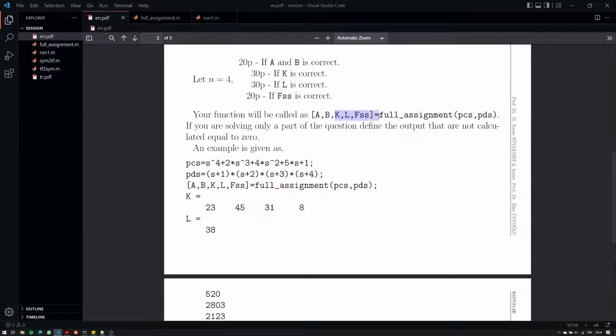If you don't work on K, L, FSS, and you're just calculating A and B, in the function itself you have to define them and set them equal to 0. That's one way of solving that problem, because once I call this function full assignment, I'm going to look for these outputs. And if you didn't define them in your function, then it'll crash.